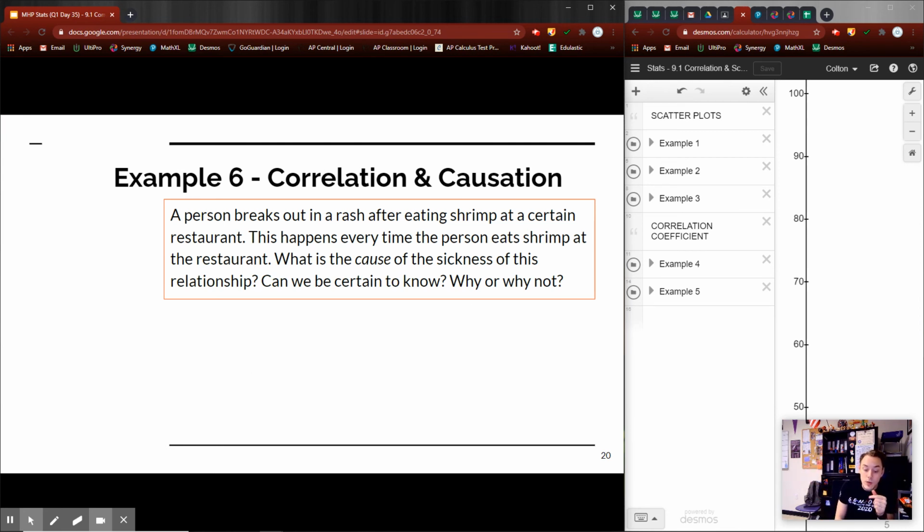So, in other words, we cannot be certain that the shrimp gives you the allergic reaction. Even though it's strongly correlated, it does not mean that the shrimp is the sole cause for the allergic reaction.